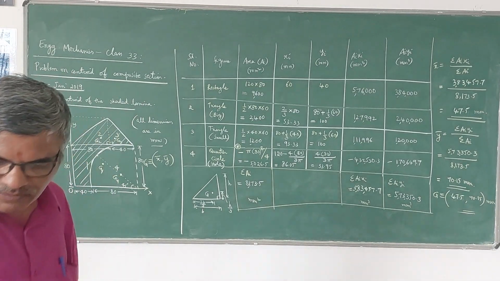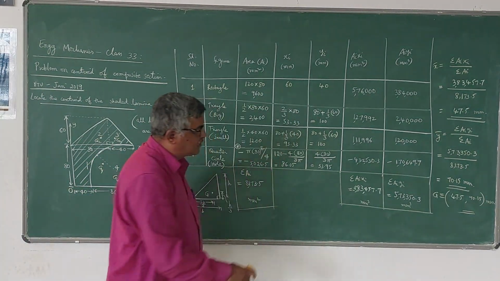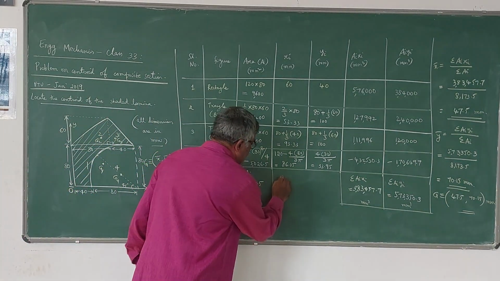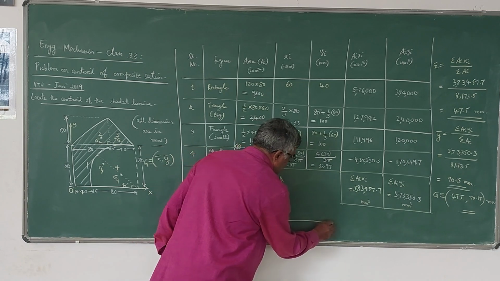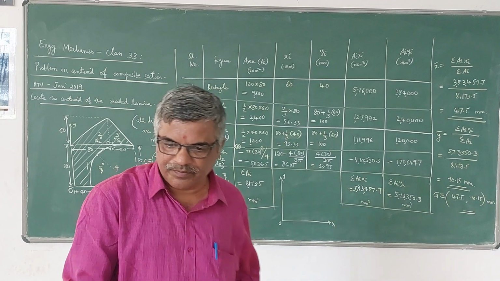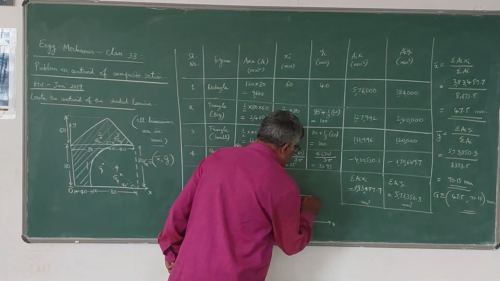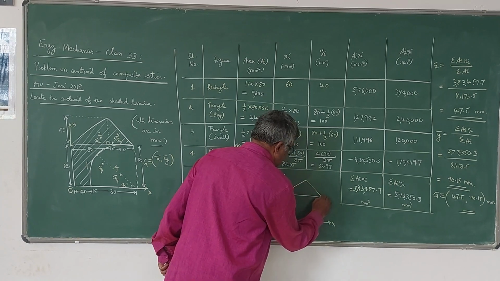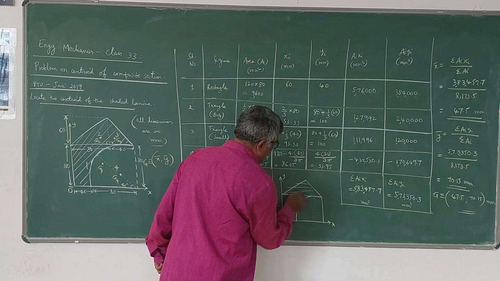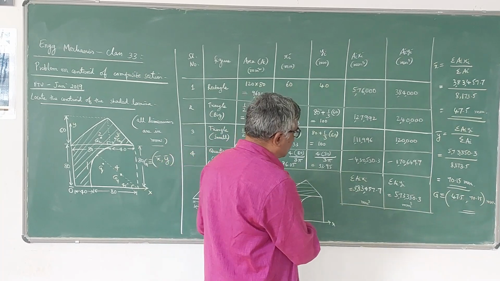Once you get the values of x bar and y bar, now I will show how to locate the centroid of the composite section and shaded area. So the given shaded area is something like this. This is x-axis, this is y-axis. Yes, this is the given shaded area. So once you get the value of x bar and y bar, you can locate that here.